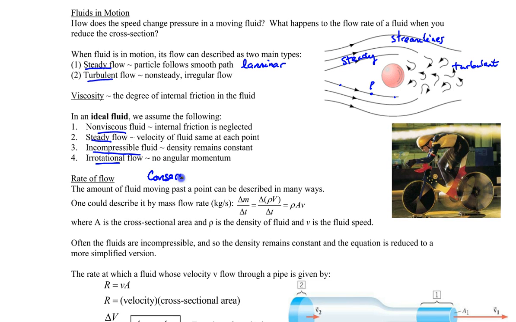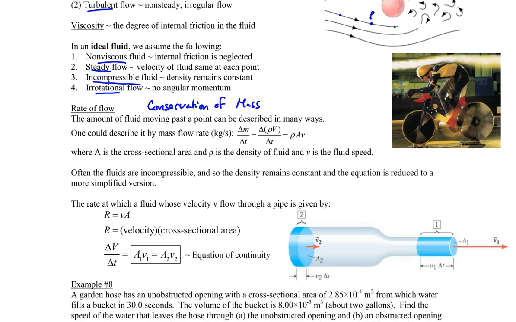So conservation of mass leads us to a very important concept of the continuity equation that you can see down here later in the notes, where we have the cross-sectional area A of a fluid that is entering a pipe multiplied by its velocity that it's moving at is equal to the cross-sectional area here multiplied by the velocity. So as you reduce the cross-sectional area, the velocity increases.